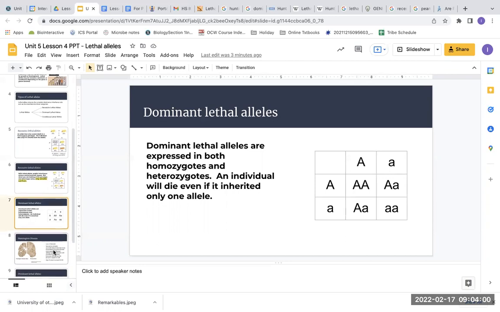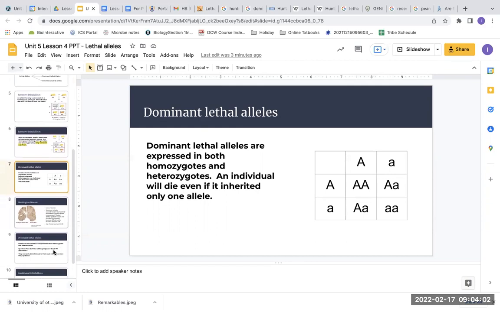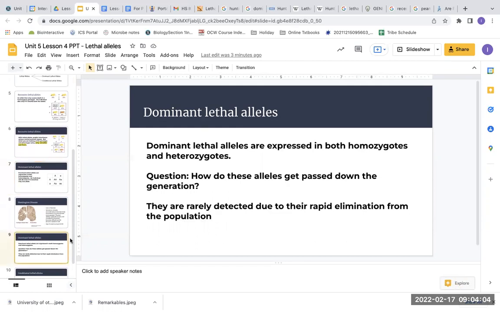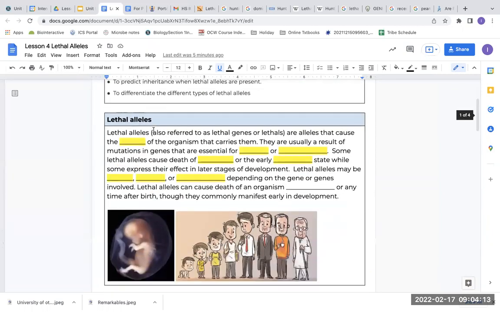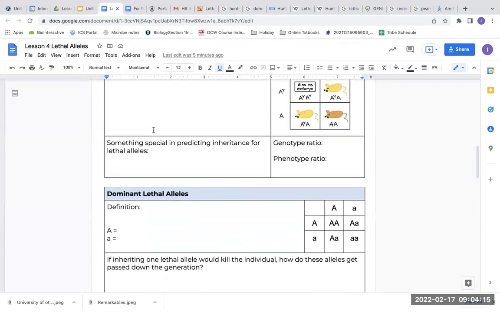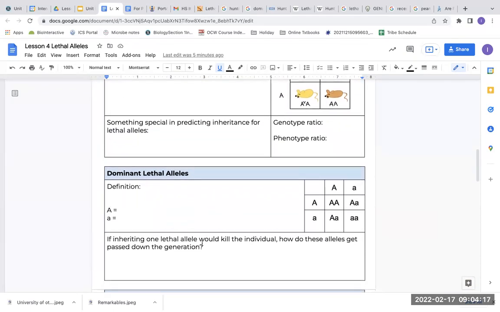Since inheriting one copy is going to cause death, then how does this allele even get passed down to generation? So I want you to pause and try to answer this question. If inheriting one would kill you, how does it pass down to generation?